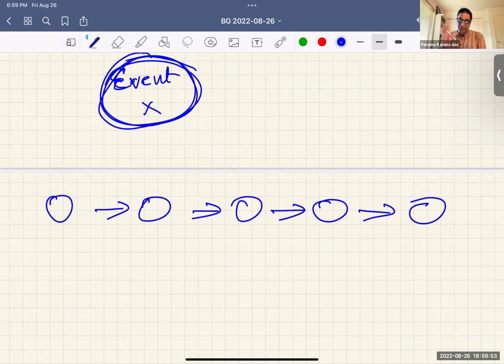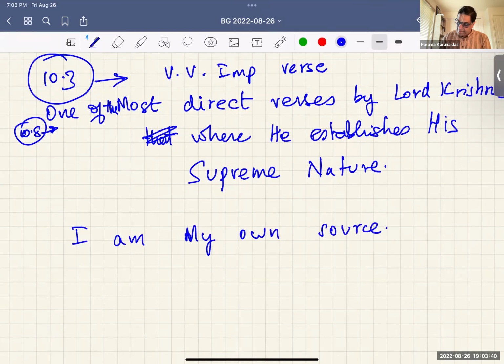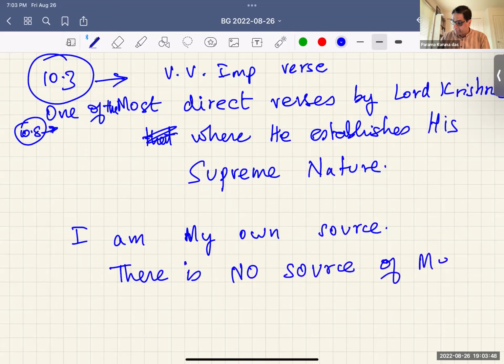So the answer to the question, so remember, the question was that the demigod's source is Krishna. The question is, who is Krishna's source? And the answer that Lord Krishna gives is that I am my own source. Or he says that there is no source of me.